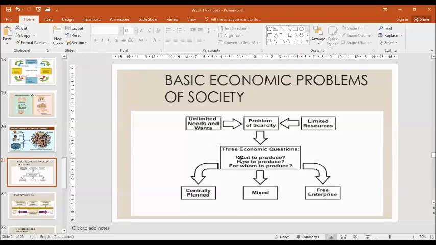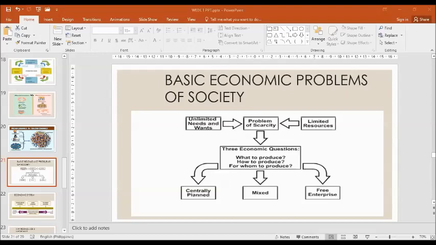Three, but there are other authors who mention four basic problems of the economy. So the first three economic questions here, but then some authors have four economic questions that are considered to be the four basic problems of an economy.